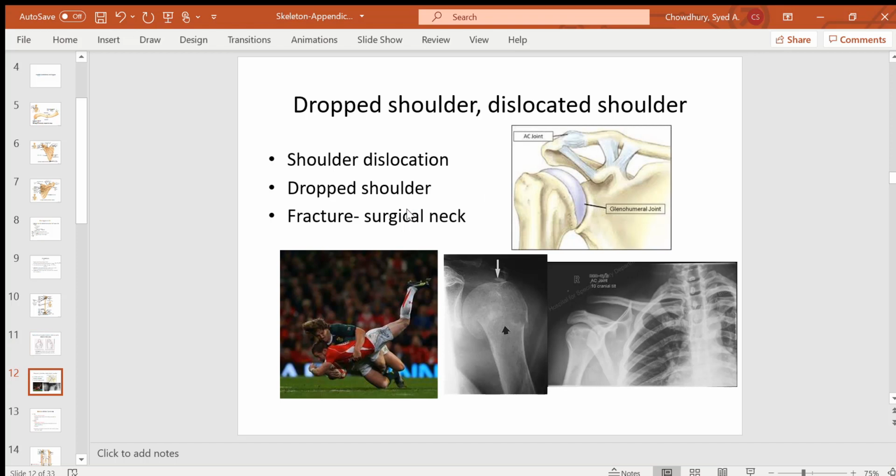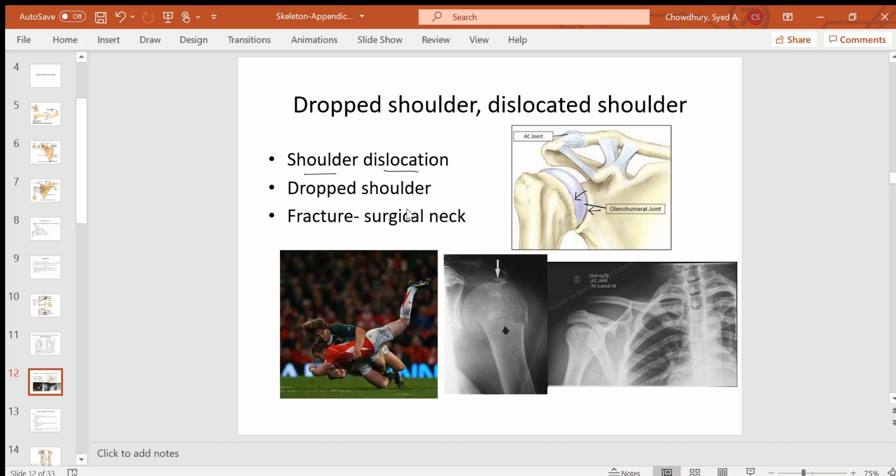a couple of clinical conditions related to the shoulder or the pectoral girdle. Shoulder dislocation, very commonly heard clinical condition. You see here, this is the glenoid cavity here, and this is the head of the humerus. And glenoid cavity, I mentioned before, is not too deep.